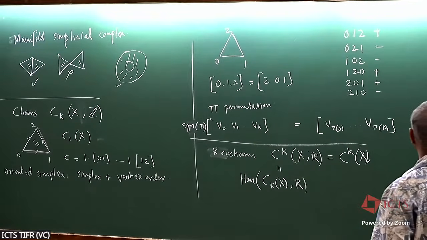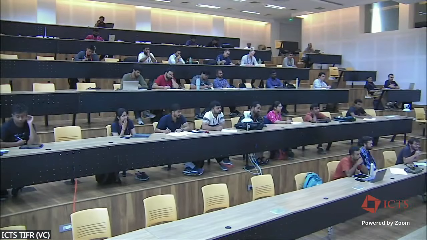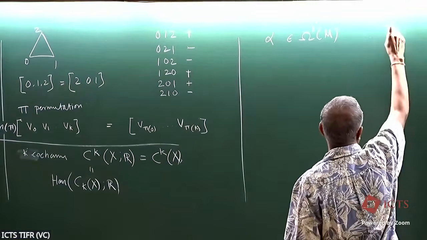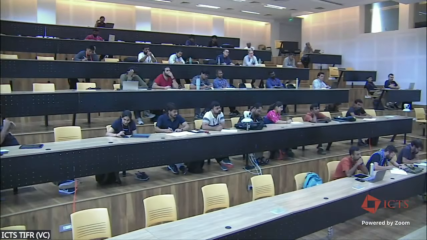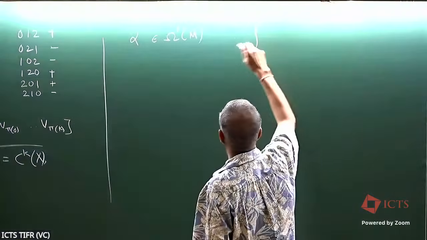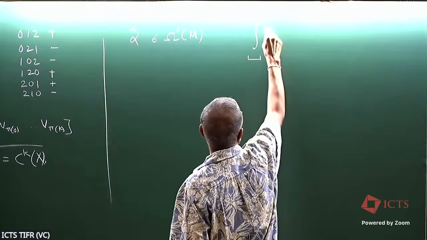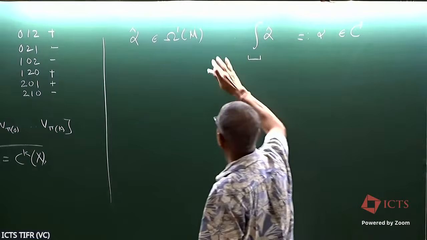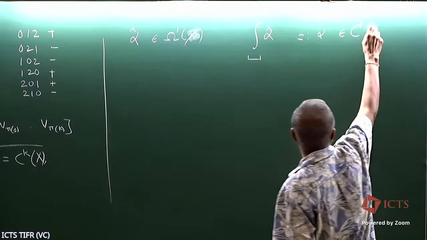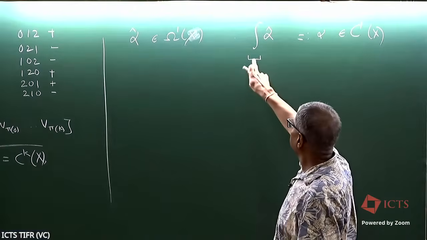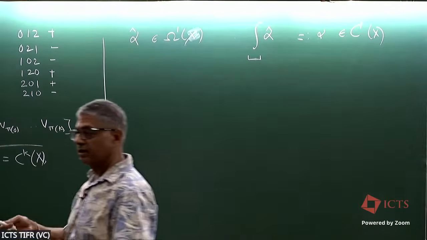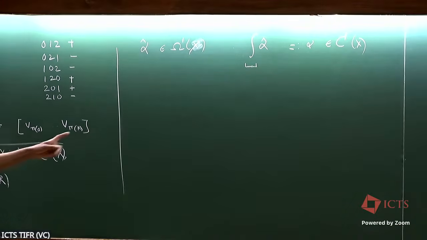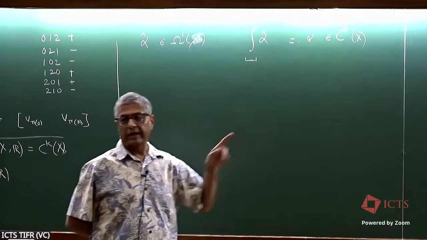An example of a cochain: if alpha is a one form on some manifold, and you have a triangulation of the manifold, and you leave the slot open, let's call it alpha hat, you can define a one cochain. If I give it a chain, a linear combination of edges, integration is linear in that slot, so I will get just the sum of the values that you get by integrating on those edges.